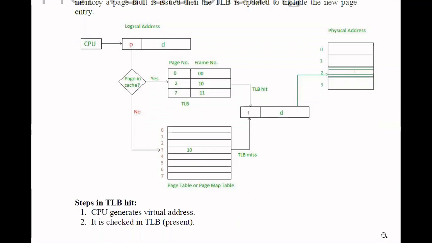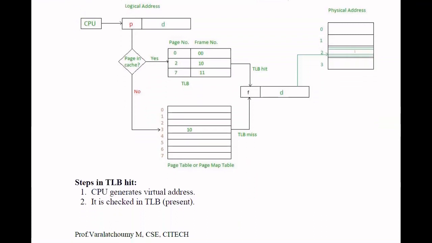So with respect to the translation look aside buffer, we have two things associated now. One is translation look aside buffer miss. The next one is translation look aside buffer hit. So what is meant by hit and miss? Obviously, if your operating system is able to locate a particular page in the translation look aside buffer, the work is quite simple.